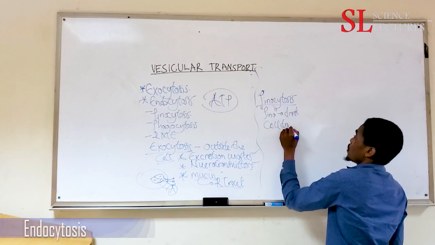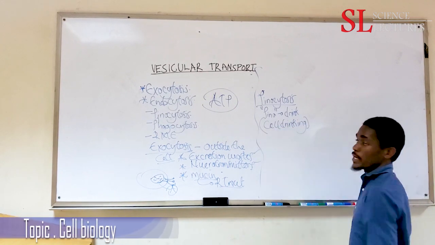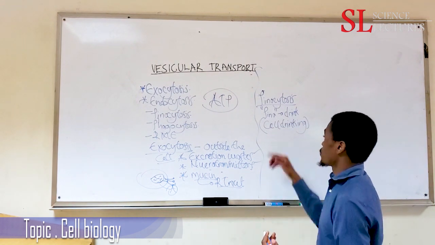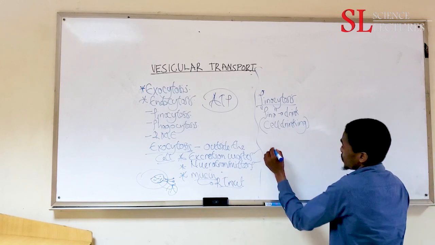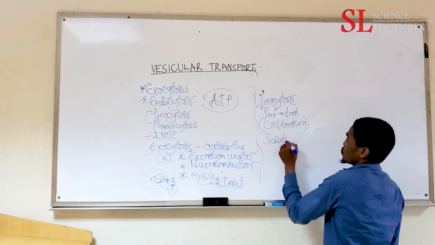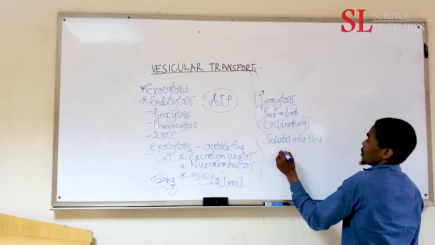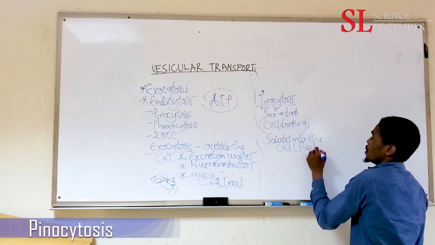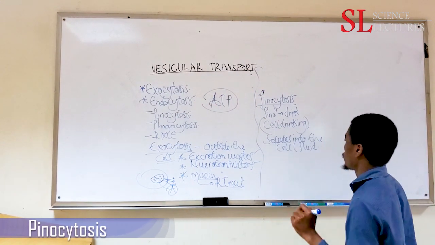We can call it cell drinking. So we'll have a cell taking in an aqueous solution or a fluid, or it will take in solutes. So we are having entry of solutes or any other fluids into the cell. So that is what we refer to as cell drinking or pinocytosis.